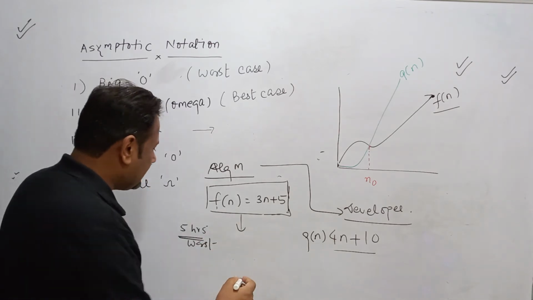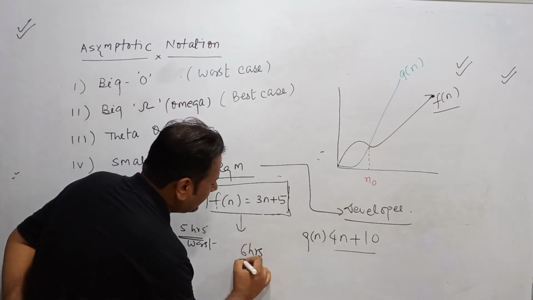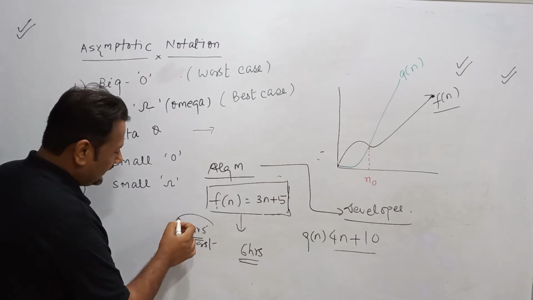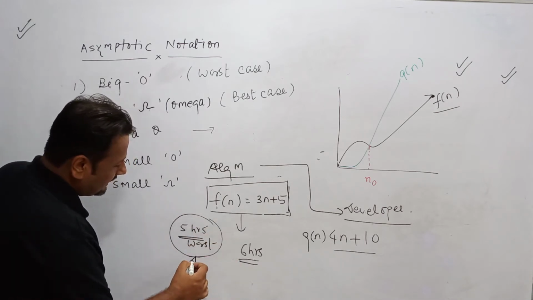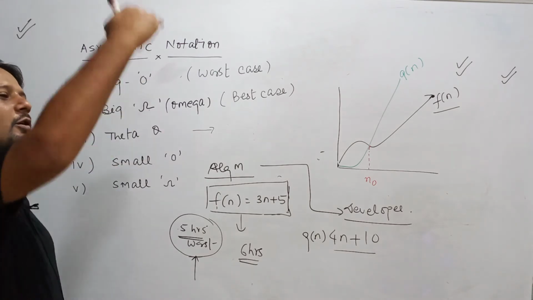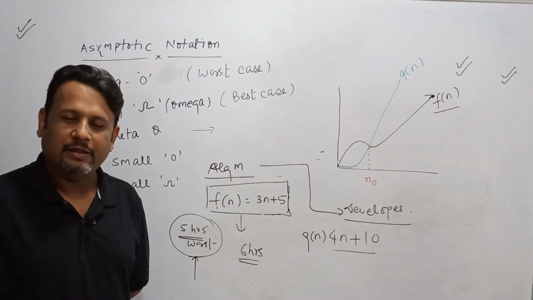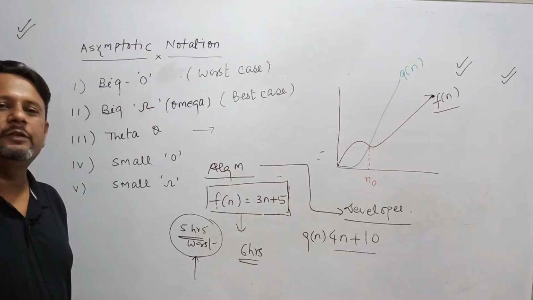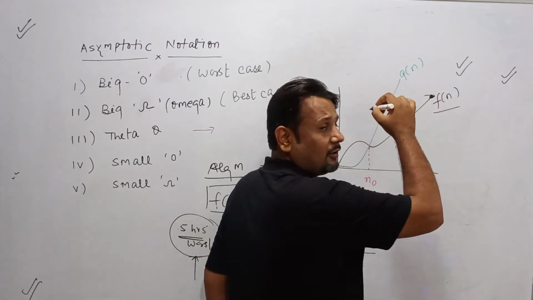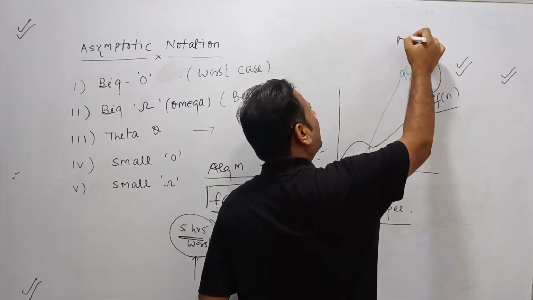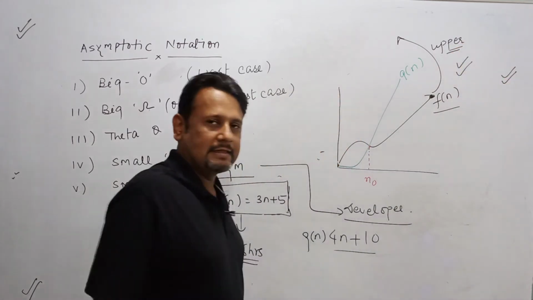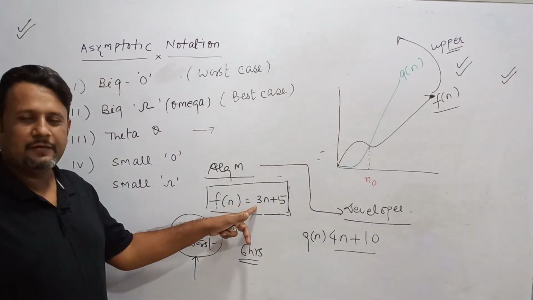If somebody is taking 6 hours, that can also be considered worst. That means if I have declared that under the worst situation I am going to take 5 hours, anything more than that is always going to be worst. If this is defined as the worst case complexity, anything more than that is called the upper bound, and this is always going to be the worst case. Ideally it was defined as this much.